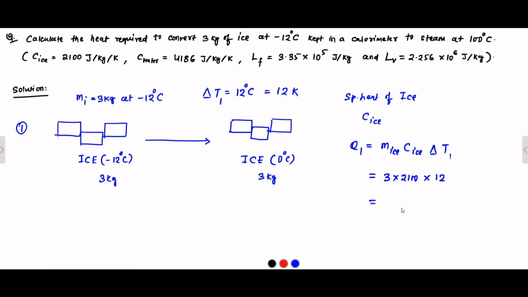So this is coming around 75600 joules. So this is the heat required for the first transition, the first step.